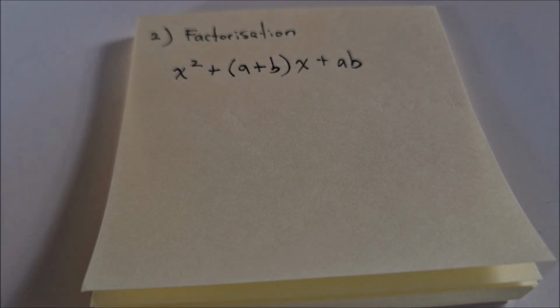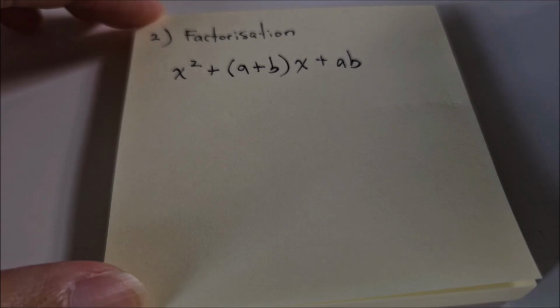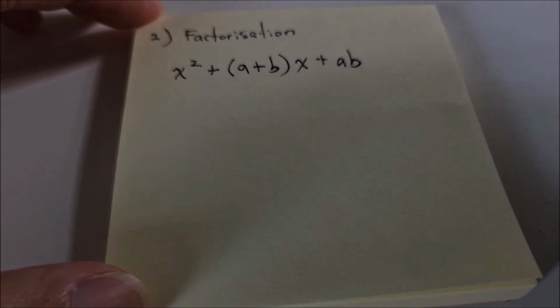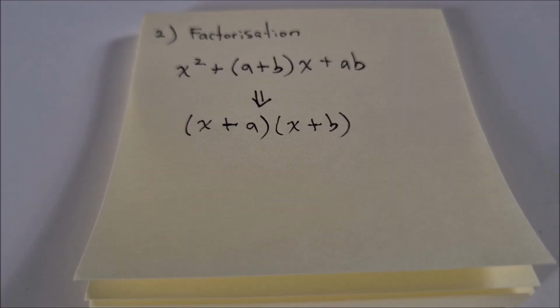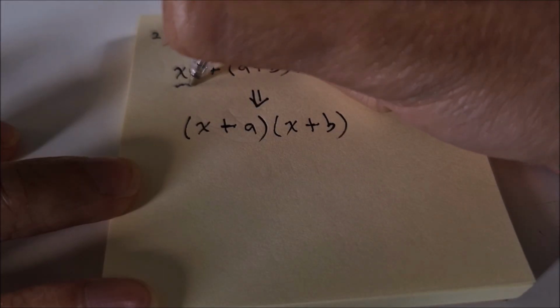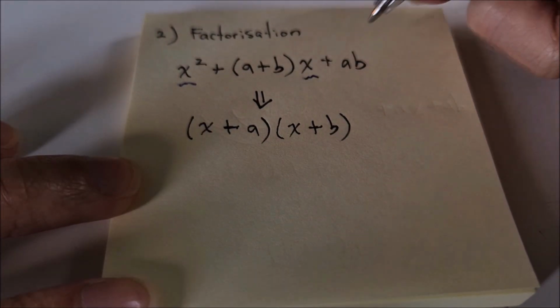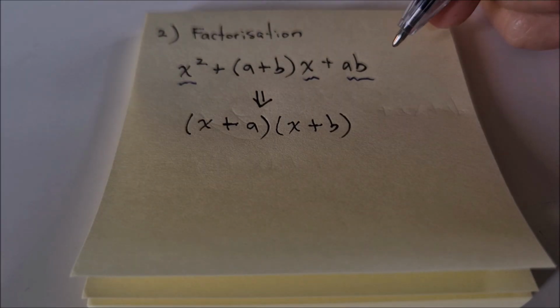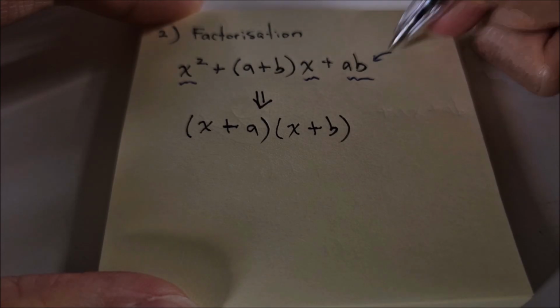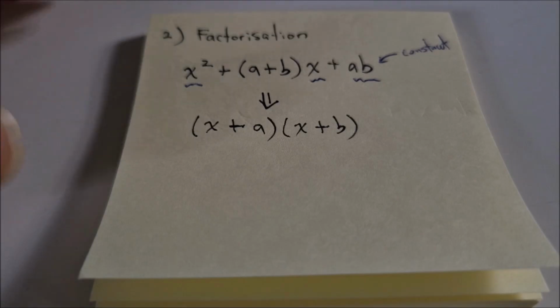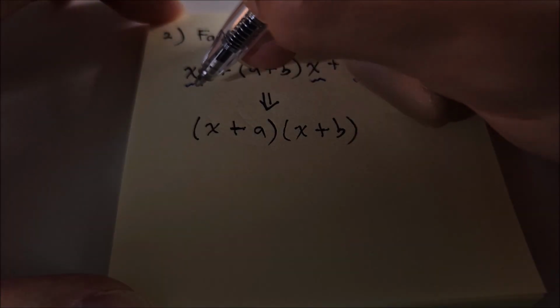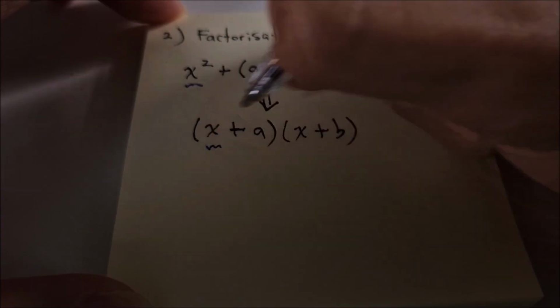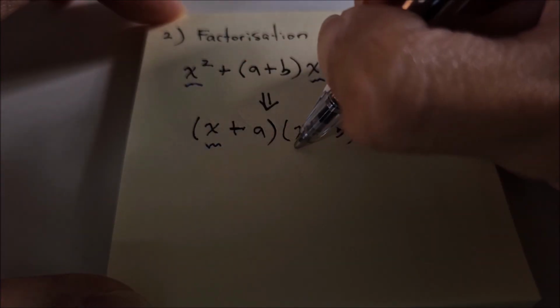What we did was just expansion, and now factorization is simply going back. This means that when you have an expanded term with an x squared term, an x term, and a term with no x's, so a constant, this guy here, it basically means we know that there will be two x's, one in each bracket.